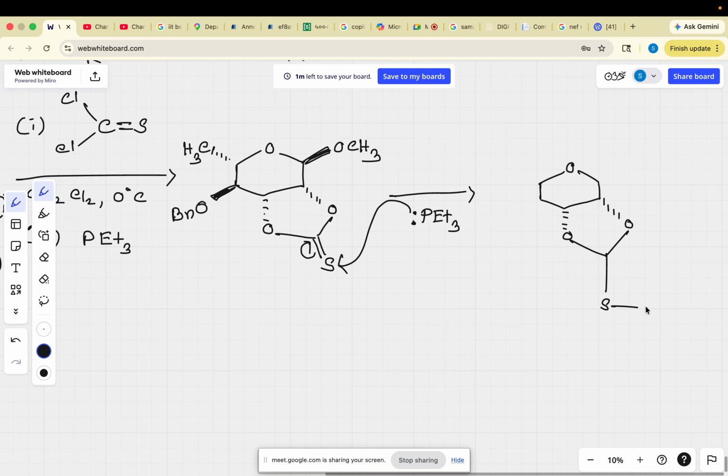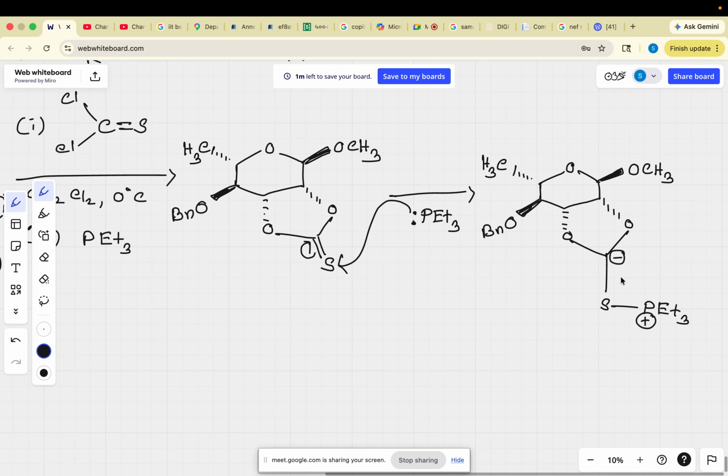Once this bond breaks, what am I getting? Sulfur is here. Here you have PEt3. So phosphorus is donating electrons, it will be positively charged. This carbon is getting electrons, it will be negatively charged. Okay, so what I have here is OCH3, here you have OBn and this side you have CH3.